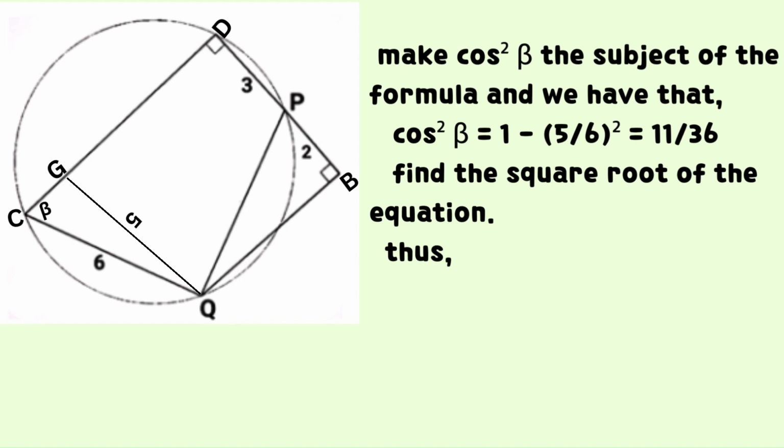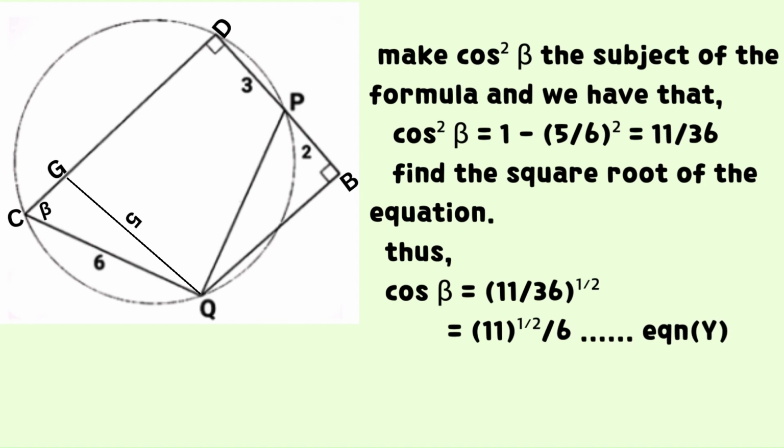By solving, the square of cosine beta equals 11 divided by 36. Find the square root of the equation.